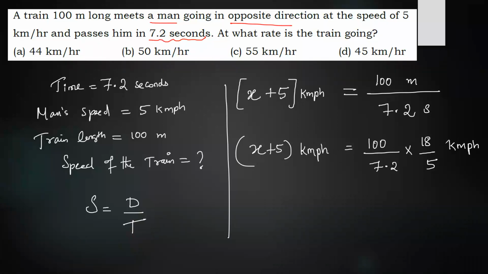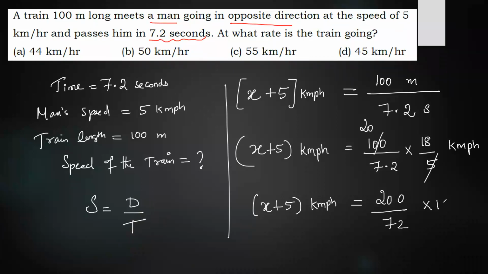So x plus 5 is in terms of kilometer per hour, but here we have meter per second, right? Convert into kilometer per hour by multiplying by 18 by 5. Is it clear? Then you can divide it. 7.2 here, 18.